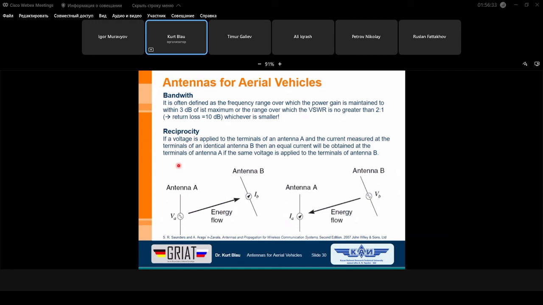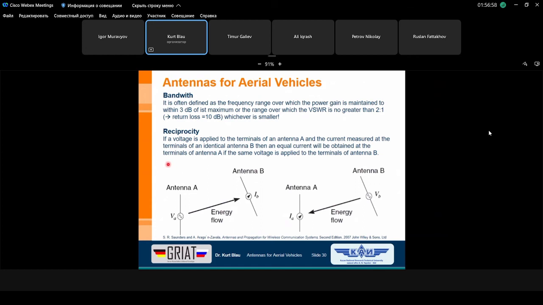It means all the parts are normally passive things, only driven by an outer power or outer voltage source, creating a current, and so on. And under these conditions, we can say an antenna is a reciprocal device.